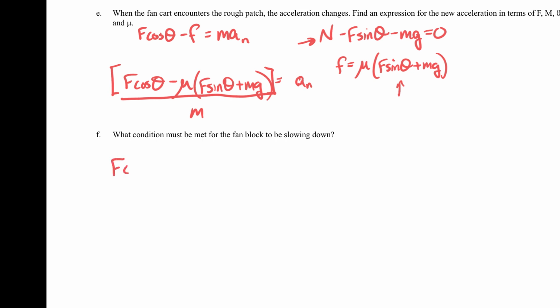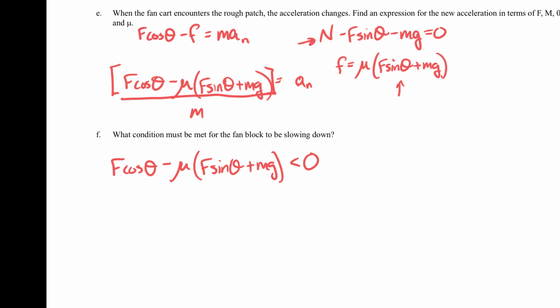So f cosine theta minus mu times f sine theta plus mg has to be less than 0. That's the condition. Now, that's enough here.